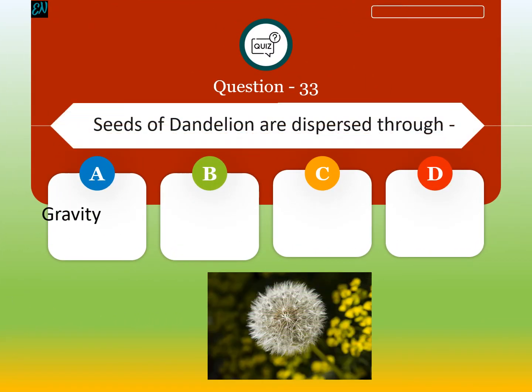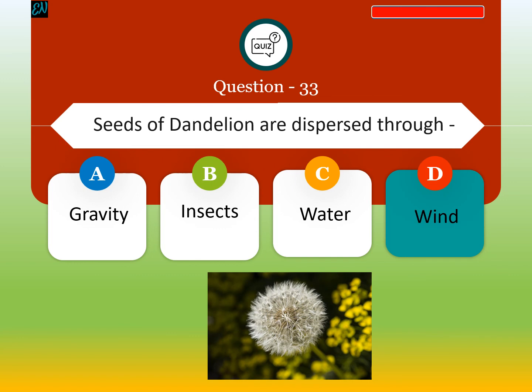Question number 33. Seeds of dandelion are dispersed through gravity, insects, water or wind. Through wind. Dandelion are very lightweight, so they spread by wind.